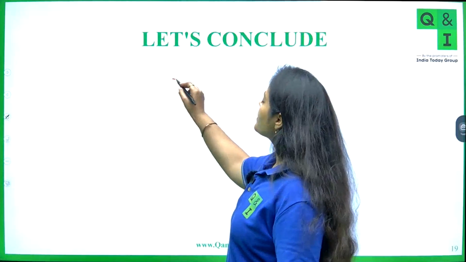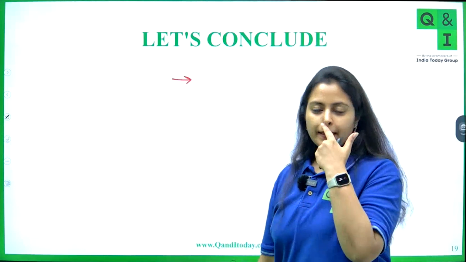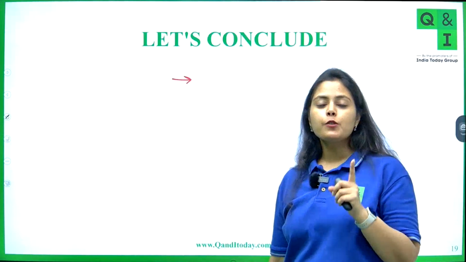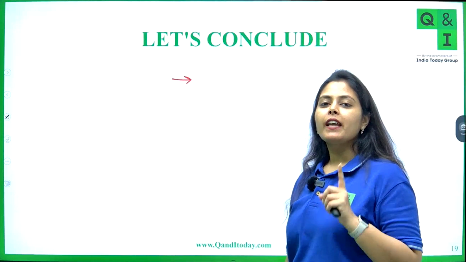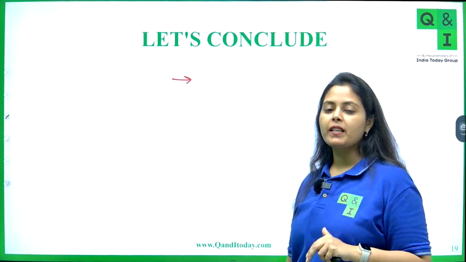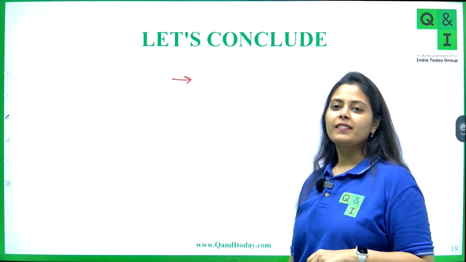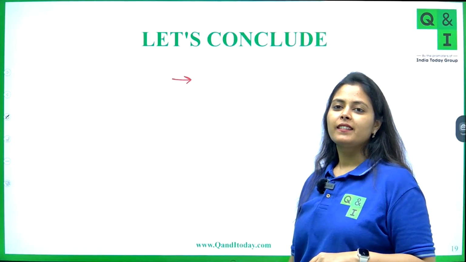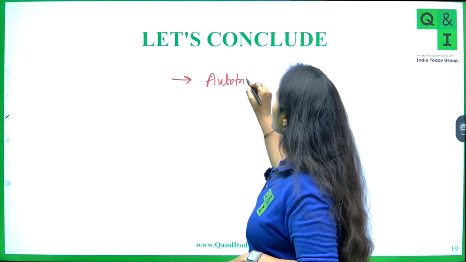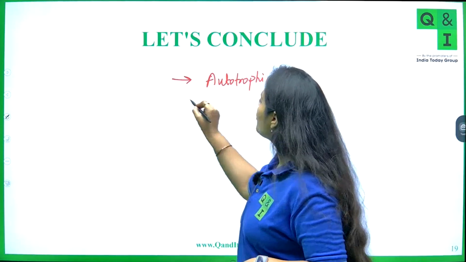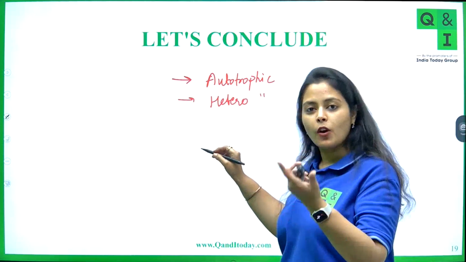So what all have we studied? Now you people are going to answer. Students, tell me this. In which mode of nutrition does the organism make its own food? Autotroph. Yes, very good. So in the autotrophic mode of nutrition, the organism makes its own food, whereas in the heterotrophic mode of nutrition, the organism depends on others.